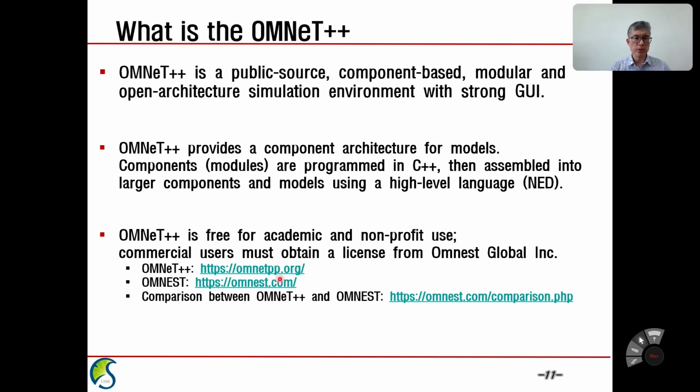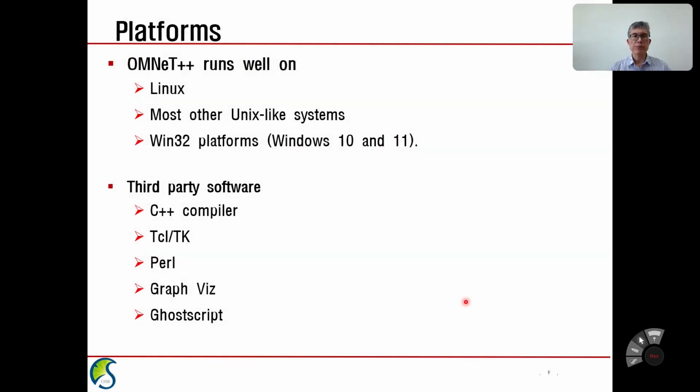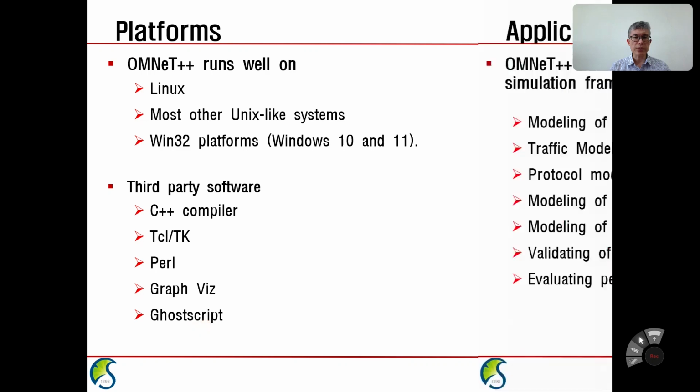You can get OMNet++ here, and OMNEST here. For the comparison between OMNet++ and OMNEST, you can click this link. As for platforms, OMNet++ runs well on Linux, most other Linux-like systems, and also Windows 10 and Windows 11. Third-party software is required, like a C++ compiler, TCP/IP, Perl, graphviz, and Ghostscript.